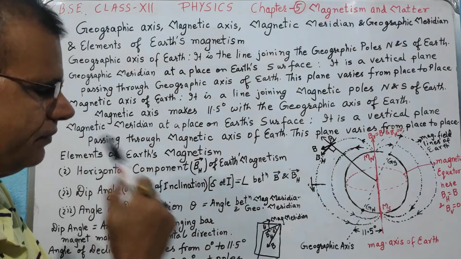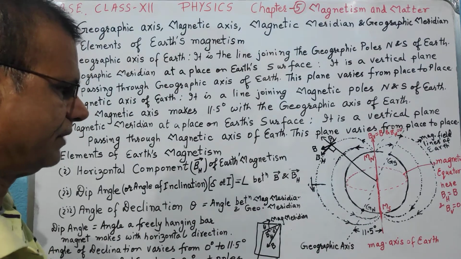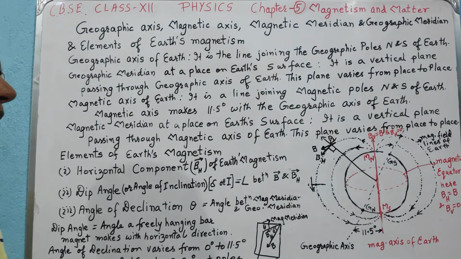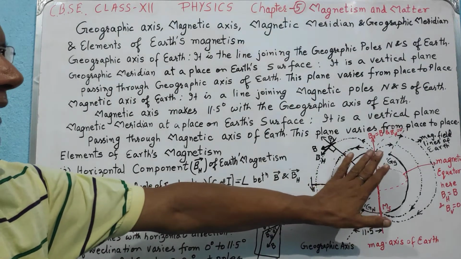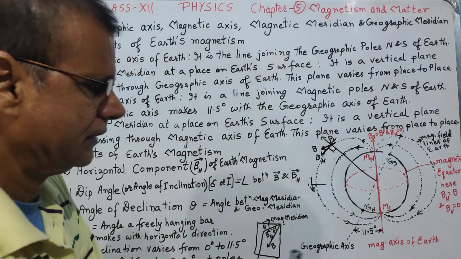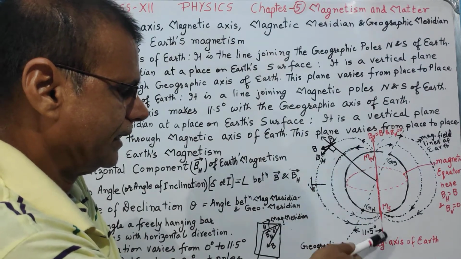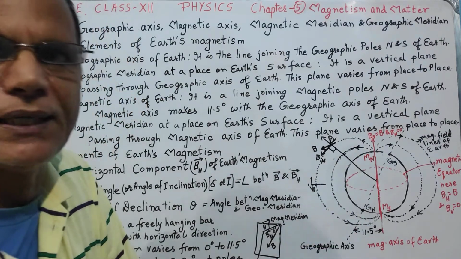Now you see, the angle of declination will vary from a maximum of 11.5 degree to a minimum of 0 degree. Let us try to understand it from this figure. What you can see is we have drawn the magnetic axis and geographic axis of Earth in the plane of the whiteboard.